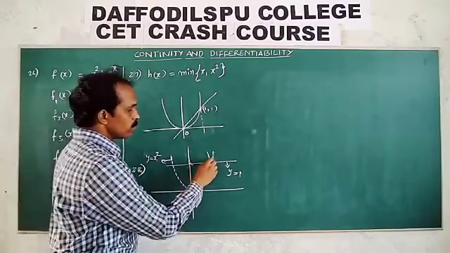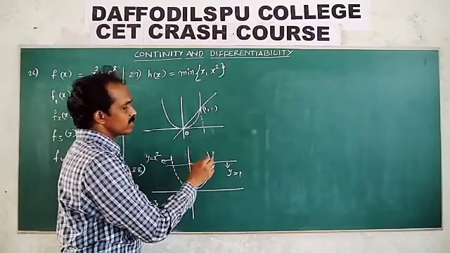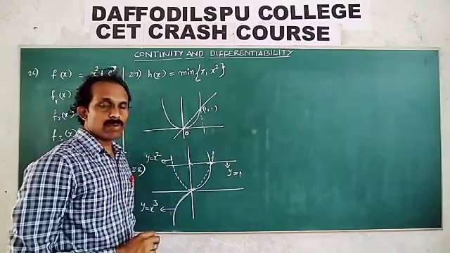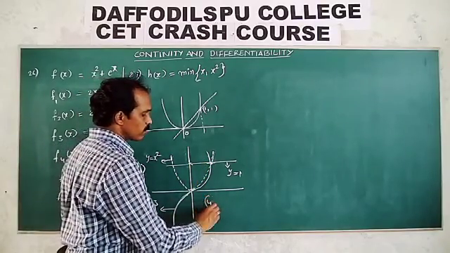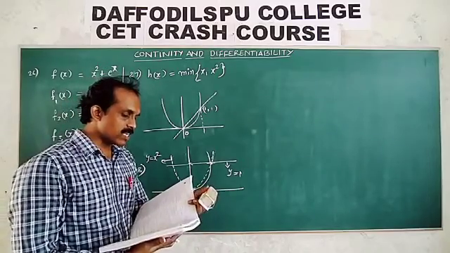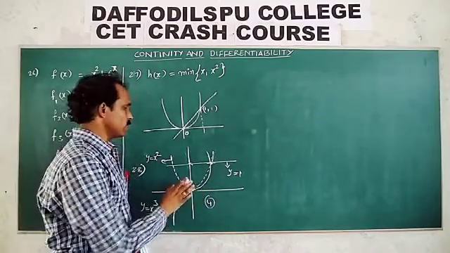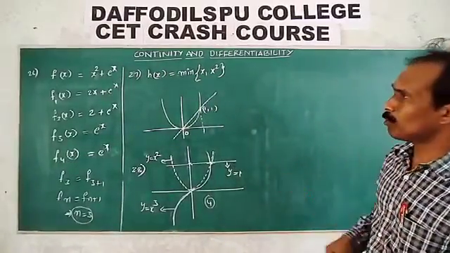So here more than one tangent is possible. Therefore, at a sharp point, differentiability is not possible. So the fourth option is the correct answer: f of x is not differentiable at 1 point. From the graph, it is easy to understand this type of problem.